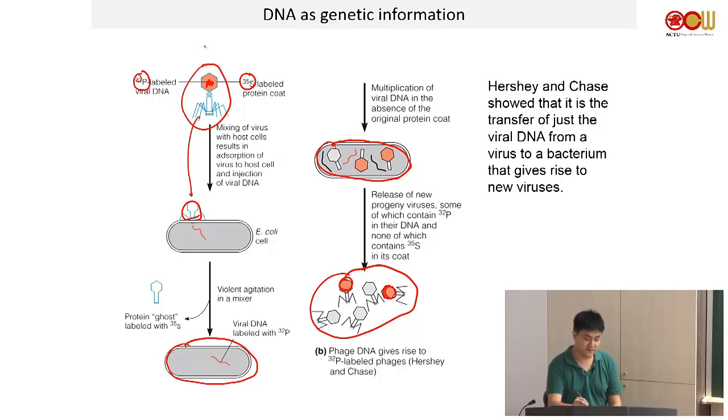You went from one phage to a lot of phage babies, and it was the DNA that gave you all these phage babies. So that says DNA is the genetic information carrier. This was the Hershey-Chase experiment.